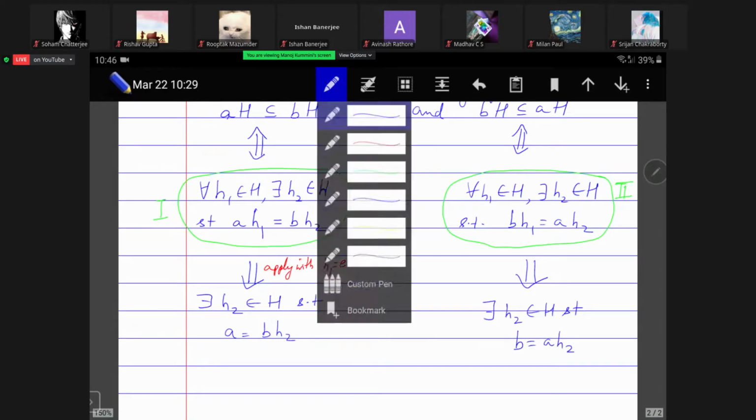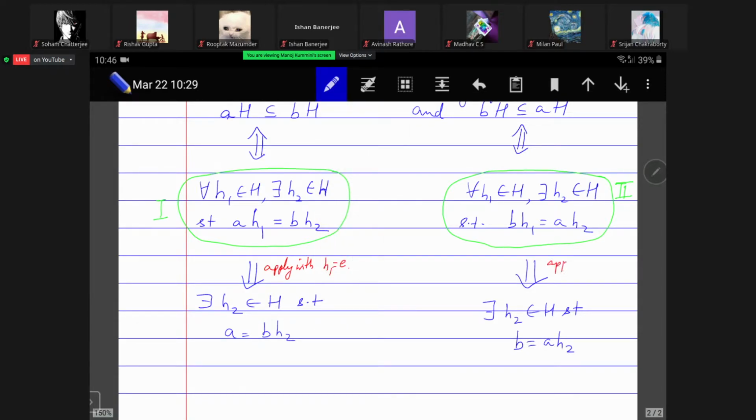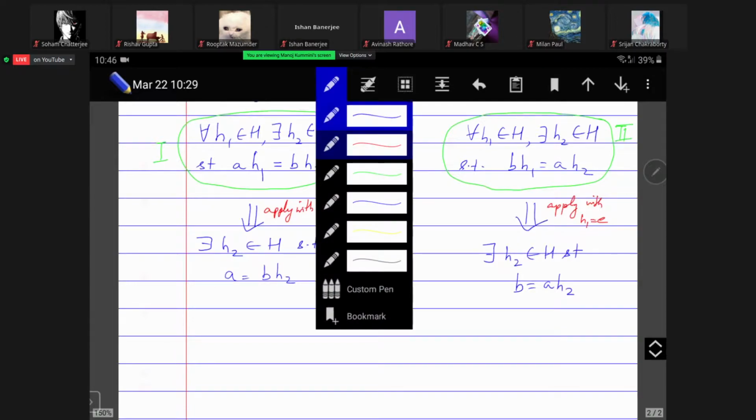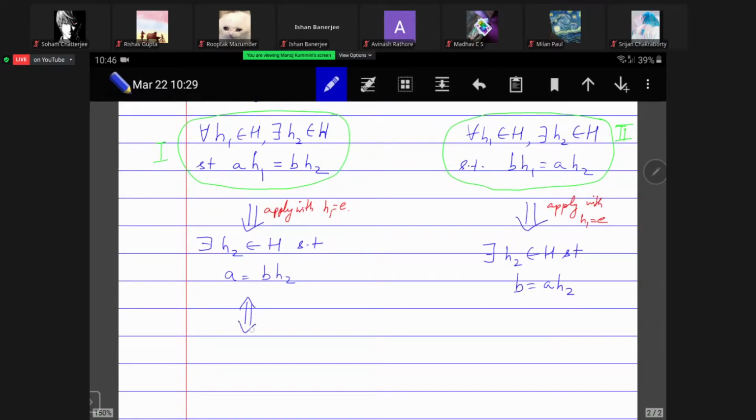Again I apply this with H1 equals E, since both 1 and 2 are universally quantified over H1. So what is this saying? This is saying that A is inside BH, and B is inside AH.